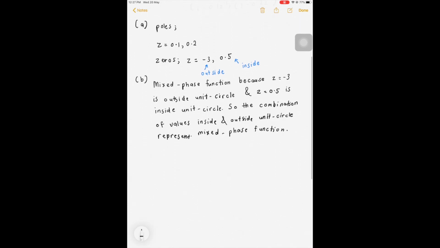Done for part B. So now we move to part C.